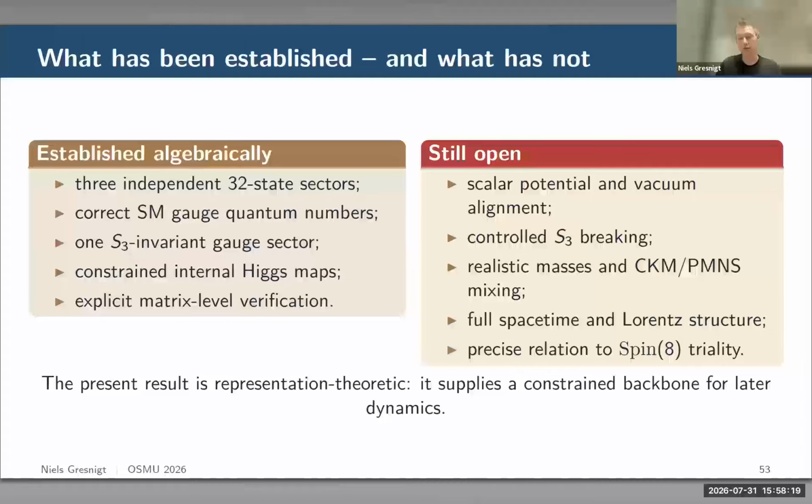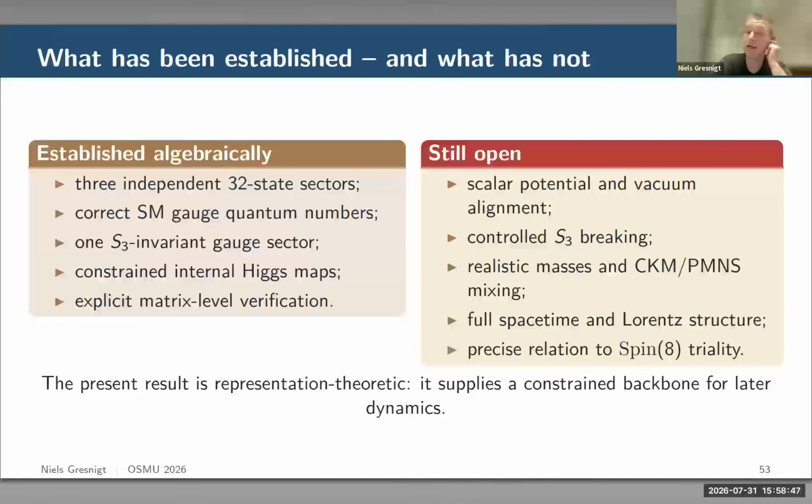So what has to be done is to look at a singlet and a doublet representation of S3. The singlet and the doublet are irreducible representations of S3, whereas the way that the 3 generations of fermions are permuted is not an irreducible representation of S3.